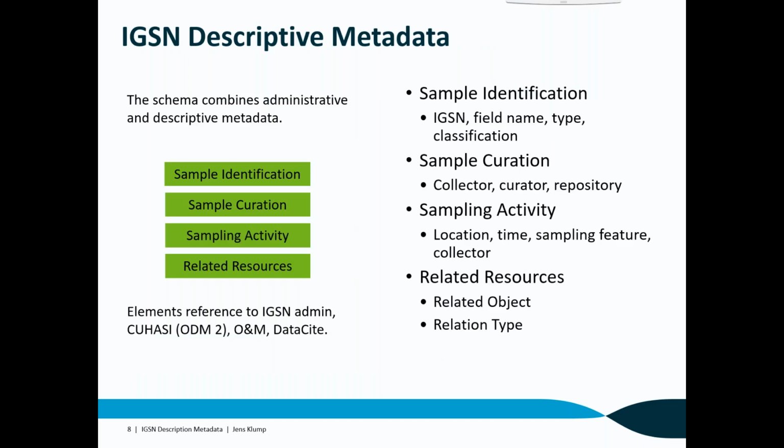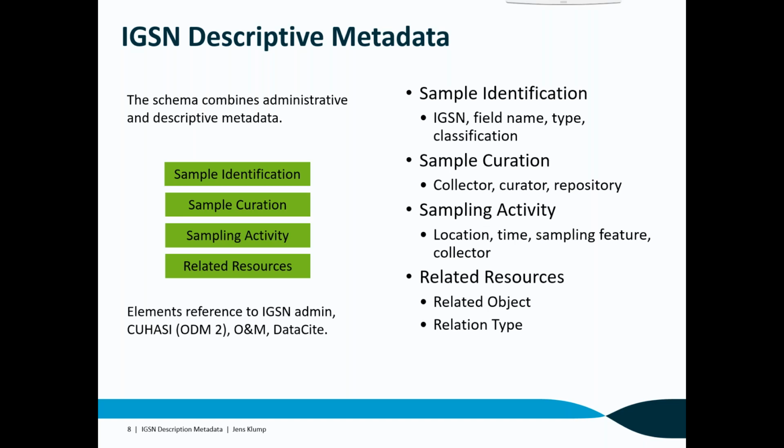So what does the description actually look like? It has 4 blocks of elements, starting with the sample identification, then sample curation, information about the sampling activity, and links to related resources. And all these elements refer to the IGSN administration process, to the ODM2 model developed together with Grazi, observations, measurements, and data site.